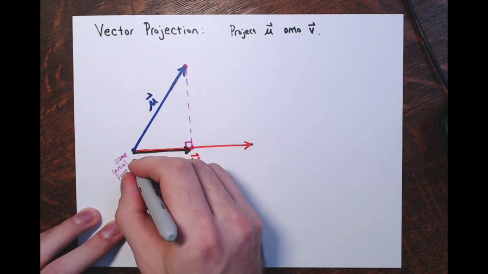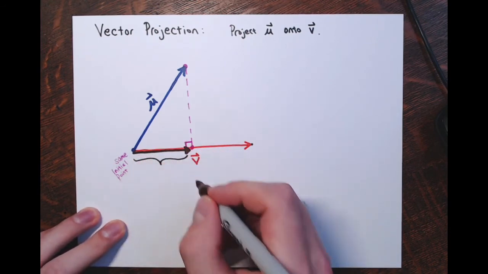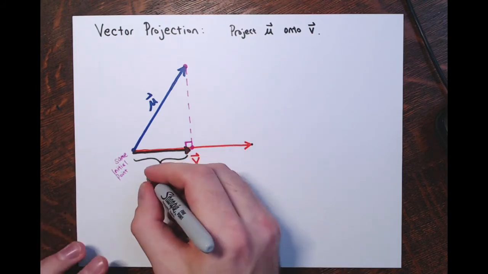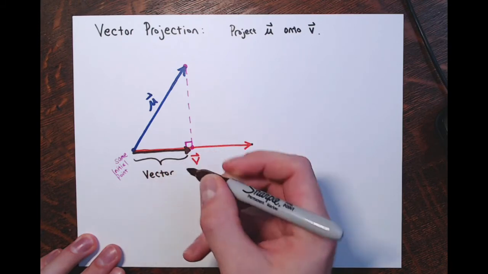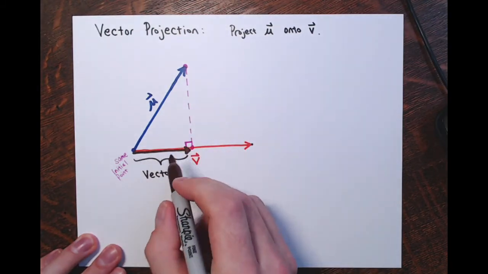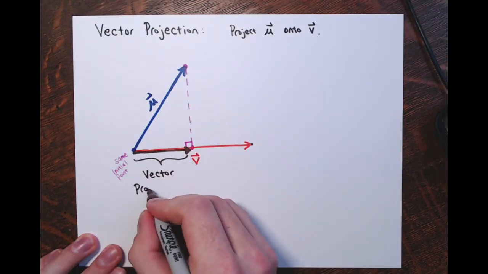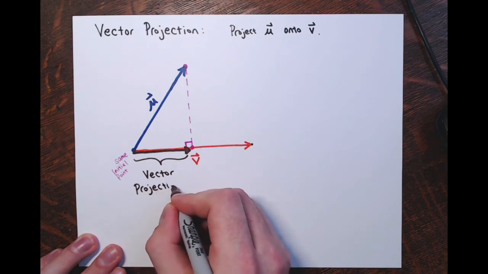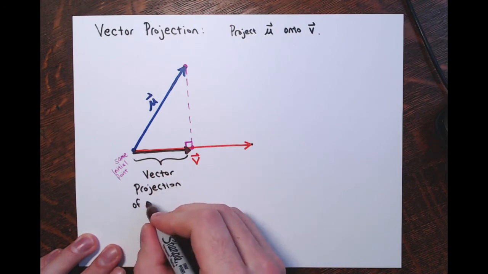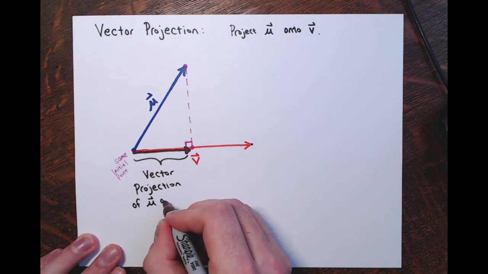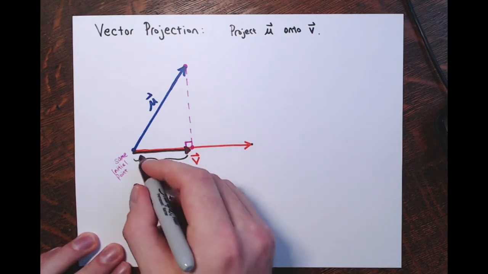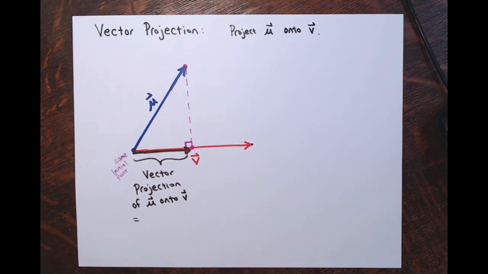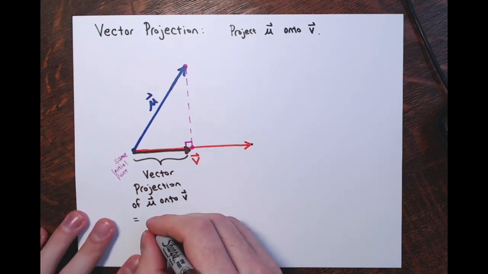All right. This vector I have just drawn, this is called the vector projection of u onto v, this vector here. Now, instead of writing all these words, this vector projection is labeled this way.